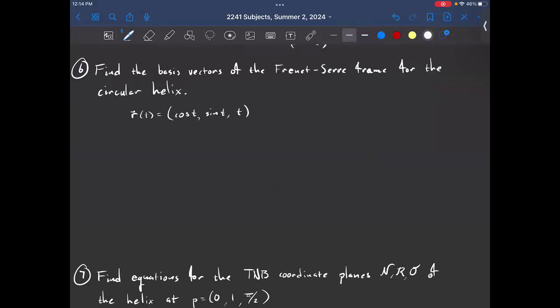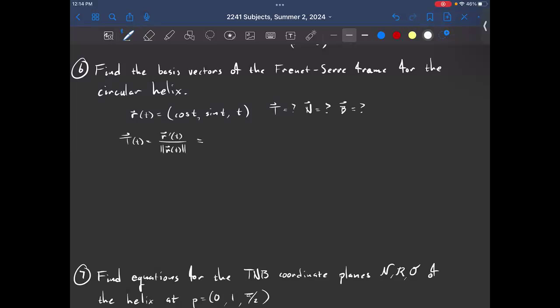Right, now that these are written down, we need the tangent, normal, and binormal vectors. And this is just a process that we work through a little bit at a time. So tangent is r prime divided by norm of r prime.